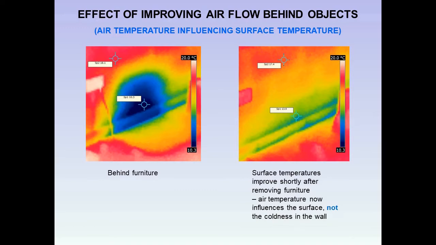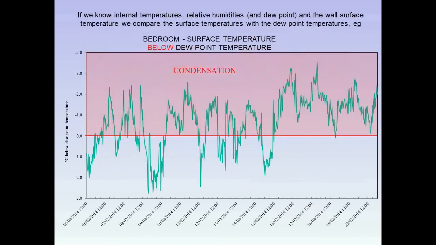However, take it away, let some air start moving, and we start to get an improvement after removing the furniture. Airflow is now influencing the surface, and it's not, for want of another word, the coldness in the wall itself. The air temperature is influencing the wall.